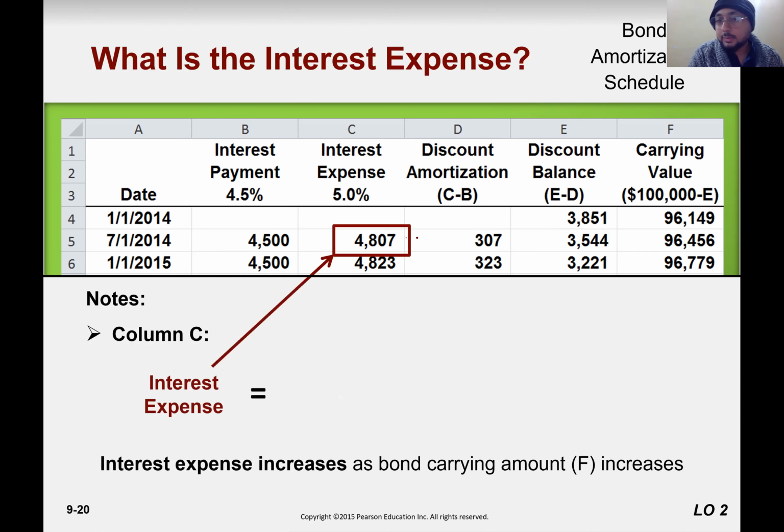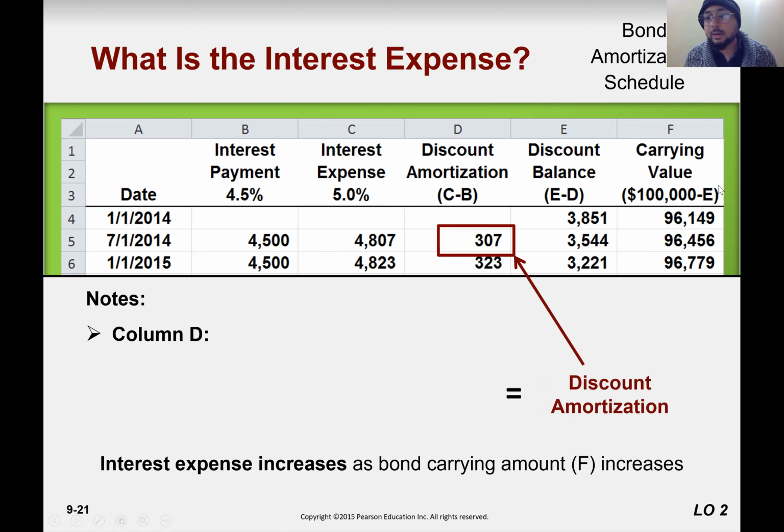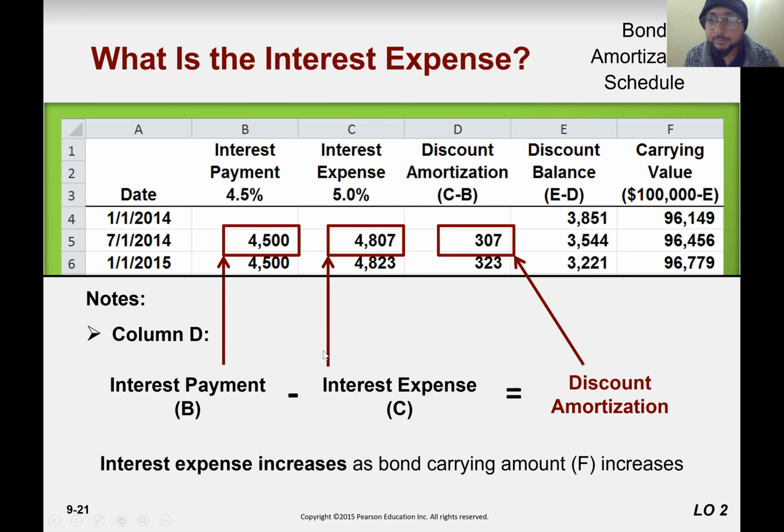How did they calculate this amount? This is the interest expense. Interest expense is always based on bond value. Bond value is 96,149. And this discount is the difference between interest payment and interest expense, right? So this is the discount amortized, which means the decrease in the value of the discount balance.